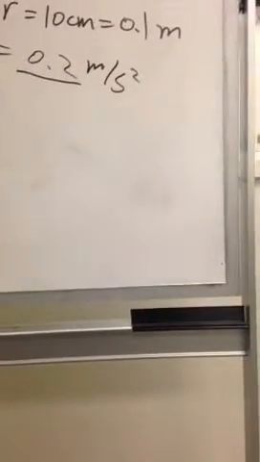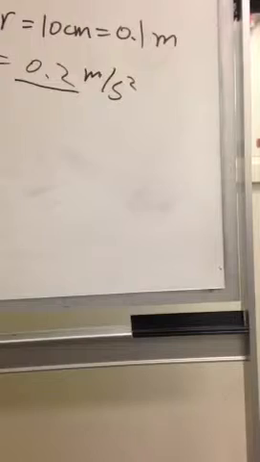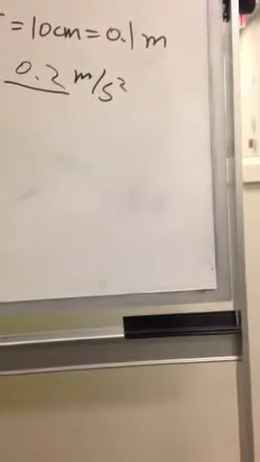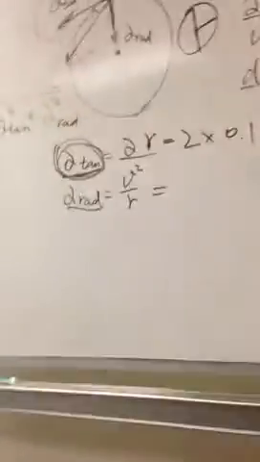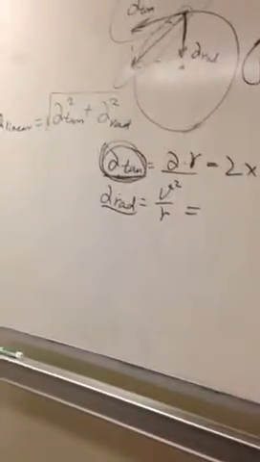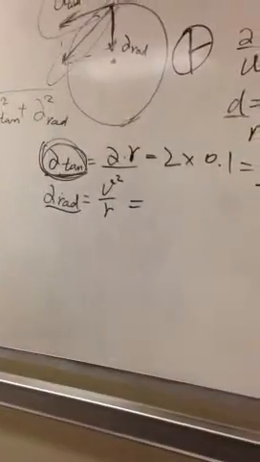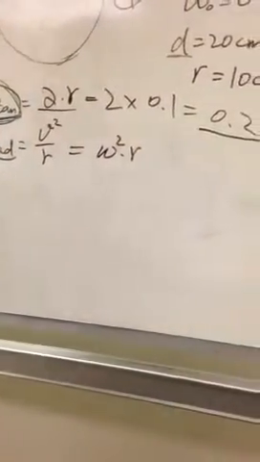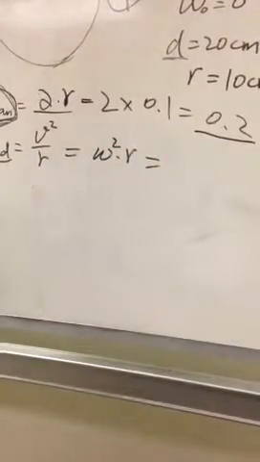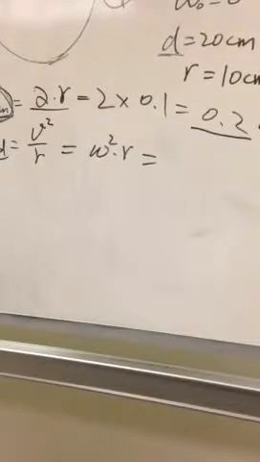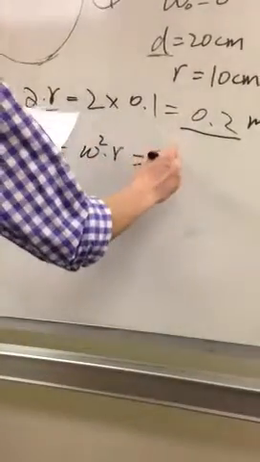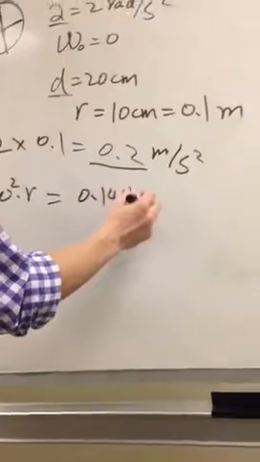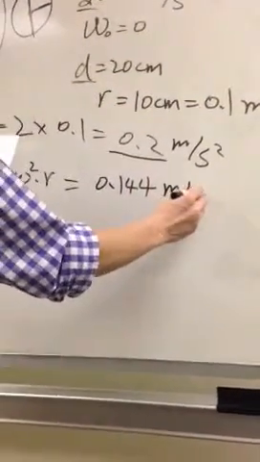And this one you get because the velocity you can calculate, and then multiply by R. If you calculate, you can get 0.144 meters per second squared.